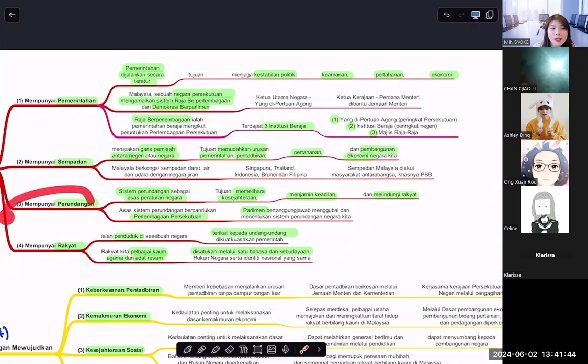Okay, now, then we also have legislation. Accordingly, the legislation system is the basis of the country's law to protect our well-being, justice, and citizens. So based on our law, the basis of our country's law is the federal constitution.